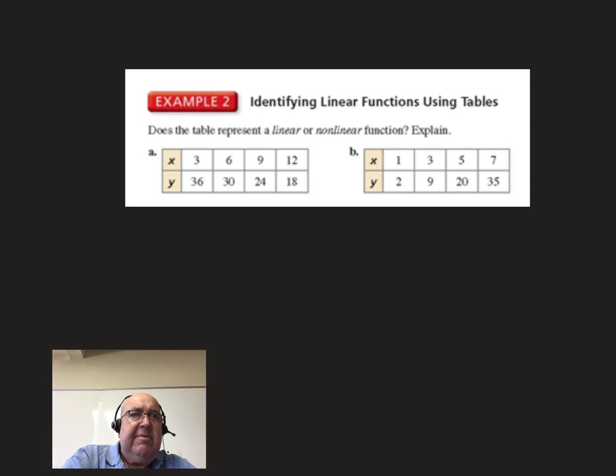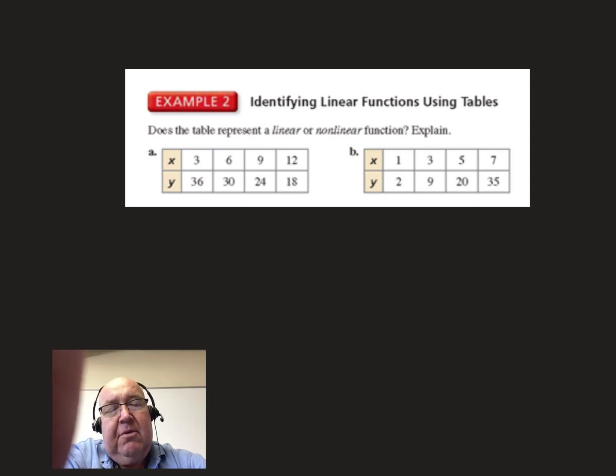When we see a table, we want to see that there's a constant rate of change. On the table, I'm going to go from 3 to 6, which is 3 units, from 6 to 9 is 3 units, from 9 to 12 is 3 units.